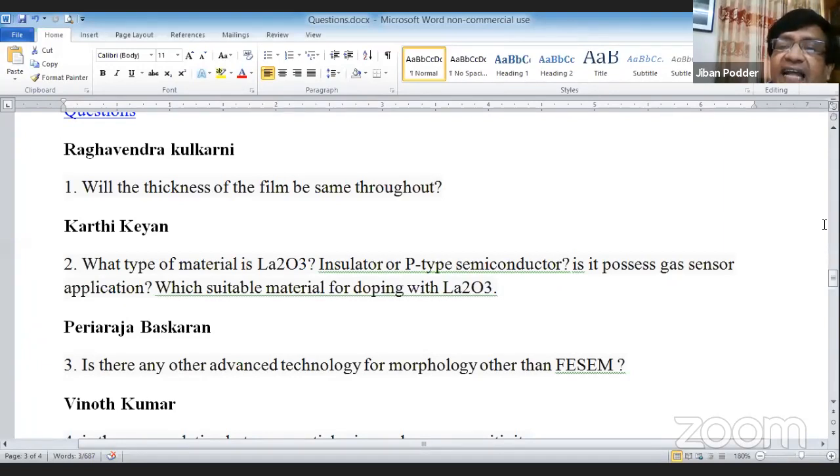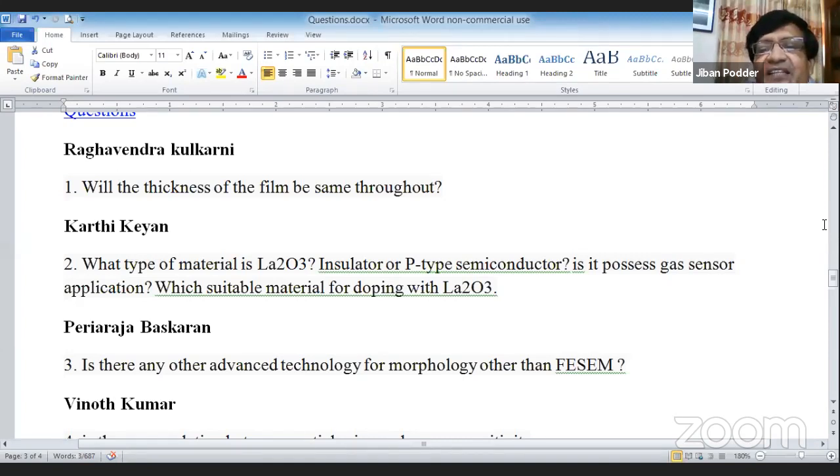So that is a very good question. There is some variation in thickness, it is true. But what we do is take the average, and it is more or less the same. Maybe one part is 120 nanometer and the other side is maybe 100 nanometer, but it is not exactly the same thickness over the whole film.